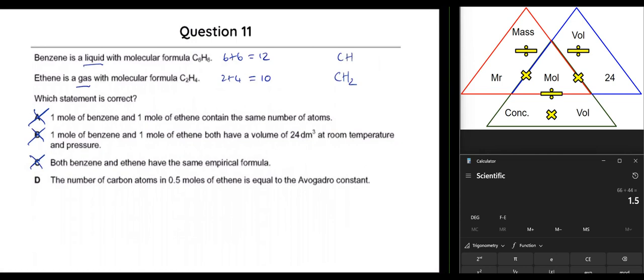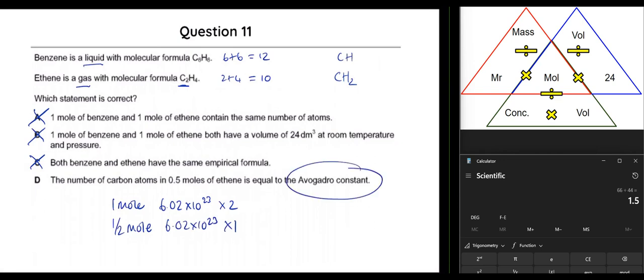Is it that the number of carbon atoms in half a mole of ethene is equal to the Avogadro constant? So in 1 mole of ethene, I'd have 6.02 times 10 to the 23rd times 2, because I've got 2 carbon atoms in my molecule. So therefore, if 1 mole is times 2, then half a mole, or 0.5 moles, is 6.02 times 10 to the 23rd times by 1, which would be equal to the Avogadro constant of 6.02 times 10 to the 23rd. So our answer must be D.